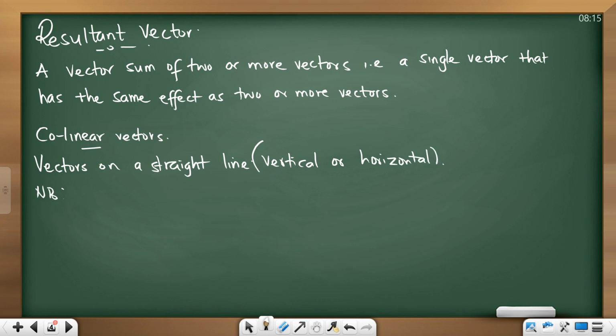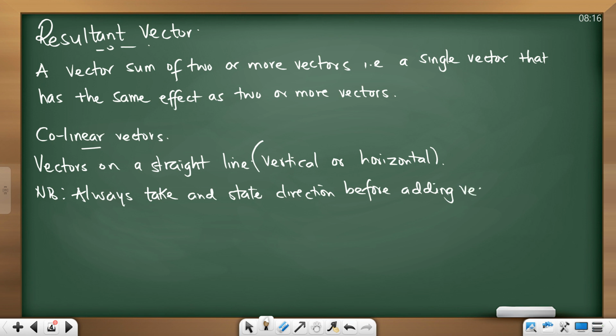Note, always take and state direction before adding. Basically, guys, we add vectors.